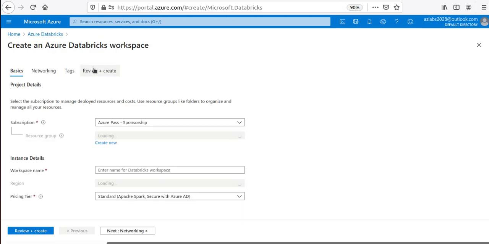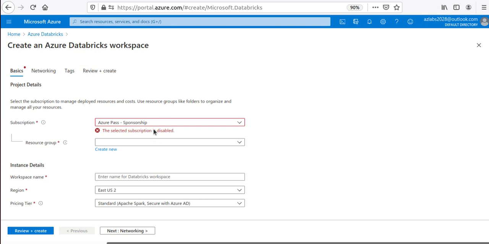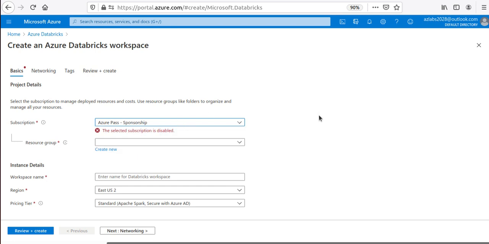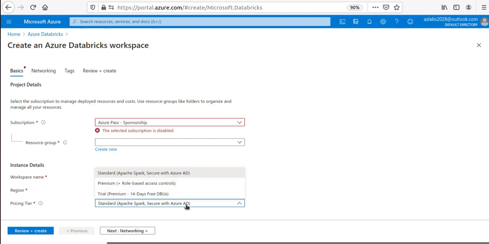Again, you have a very similar experience, just like anything else. Here, my subscription is disabled actually, so I have to go to another subscription. But really, what you would do, you would select the subscription, you get the resource group, you have to create a workspace name, and then you choose a pricing tier.